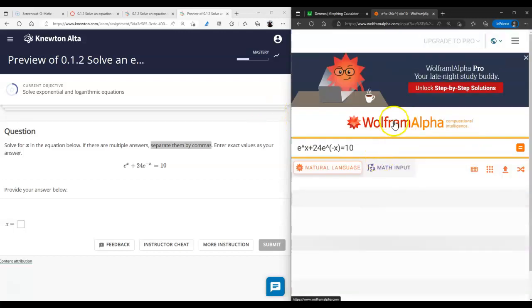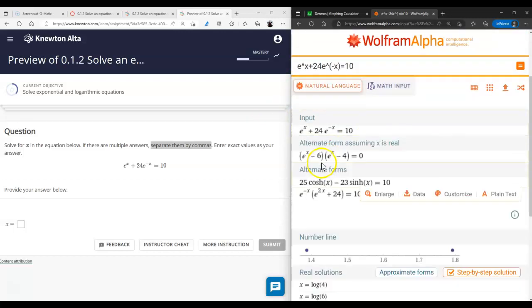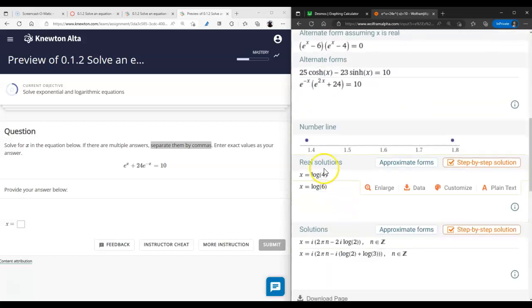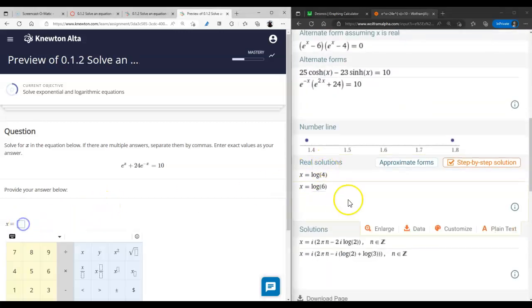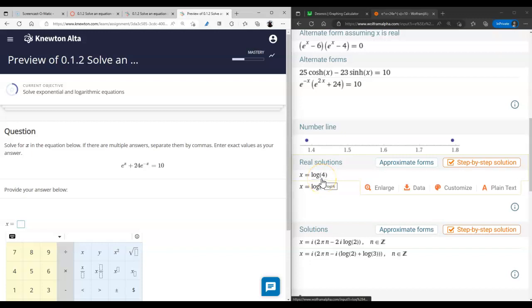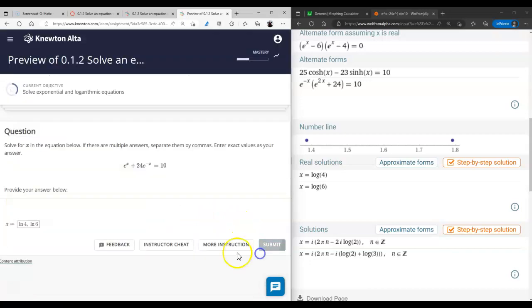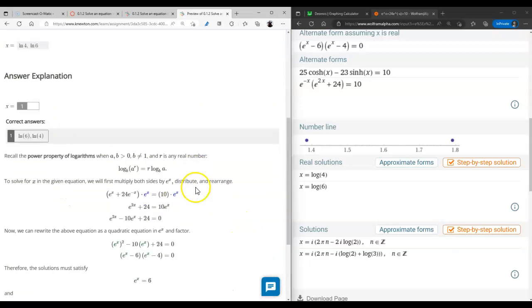Press enter. Oh, log 4 and log 6, interesting. Again, remember, log 4, log 6, that's in human language, that's ln 4, comma, ln 6. I don't know if spaces are required, let's see. Yep, that's all there is.